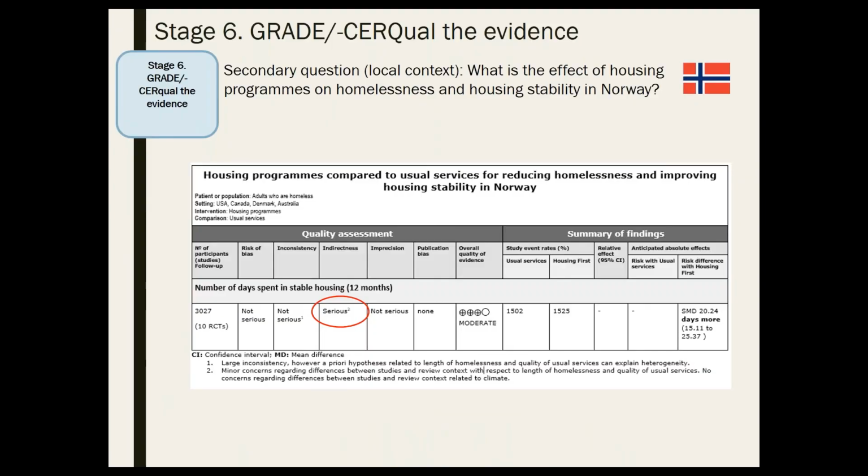So a grade or a grade CERQual assessment might look like this for Norway. We might have serious concerns for indirectness because of minor concerns regarding differences between the studies and the review context with respect to length of homelessness and the quality of usual services, but no concerns regarding the differences between studies and review context related to the climate.